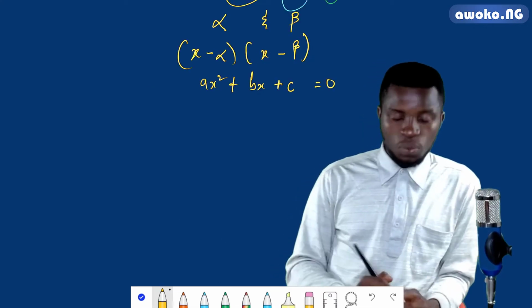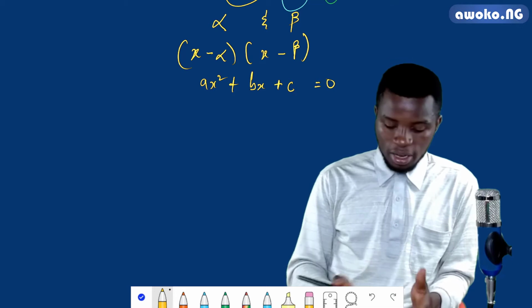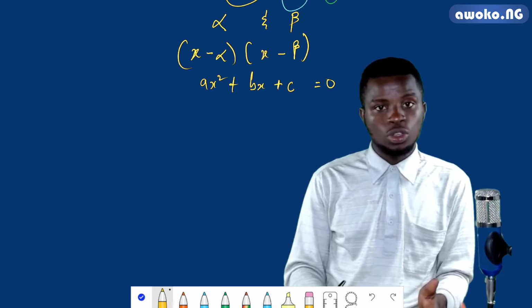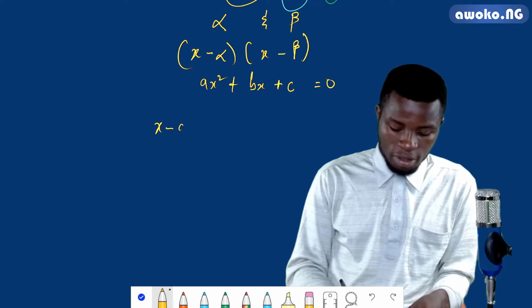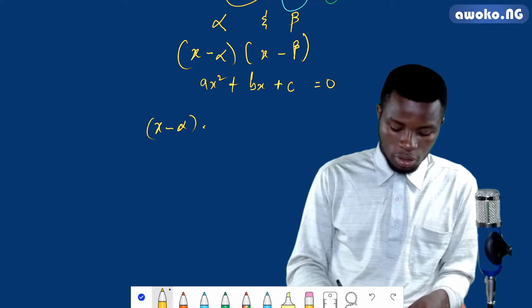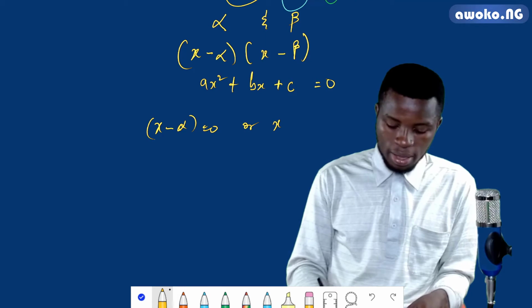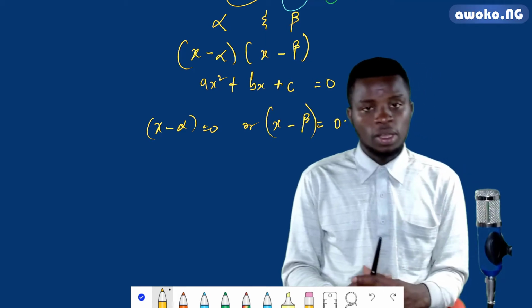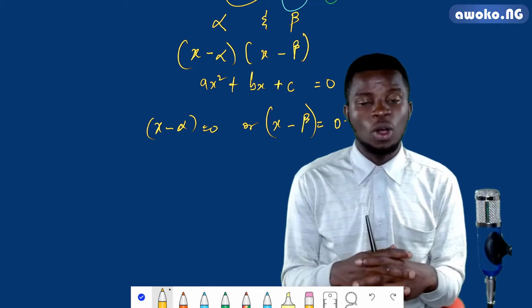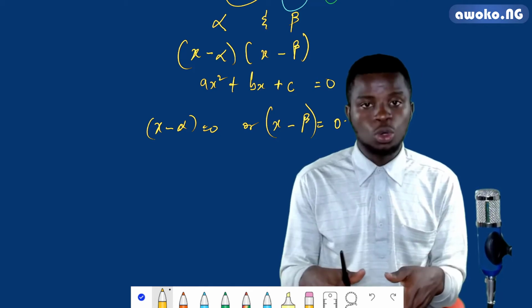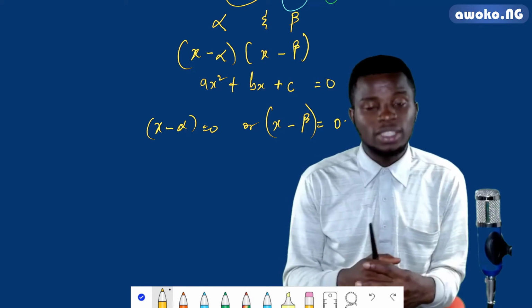Having said that, we can equate these solutions or the roots to 0. So we can have x minus alpha equal to 0 or x minus beta equal to 0. There are two possible ways of obtaining the solutions to the roots of the quadratic equation.